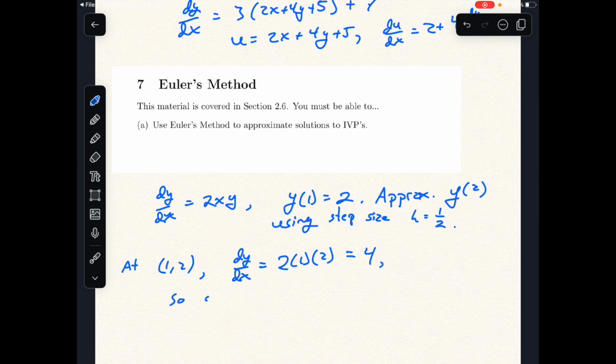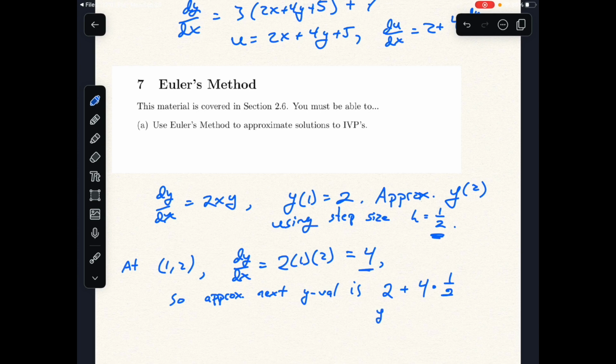So the approximate next y value is going to be whatever our previous y value is, plus our slope, which is 4, times our step size, h.